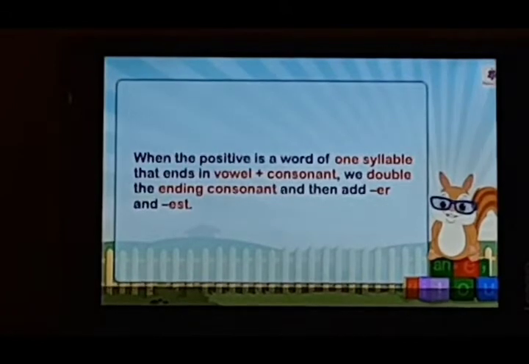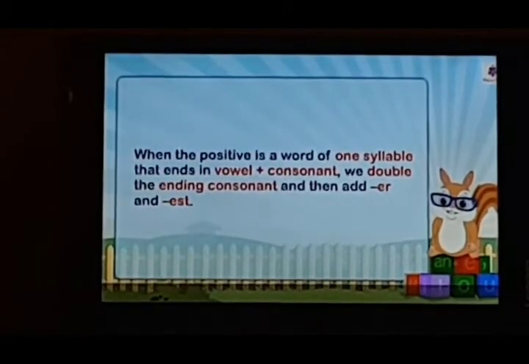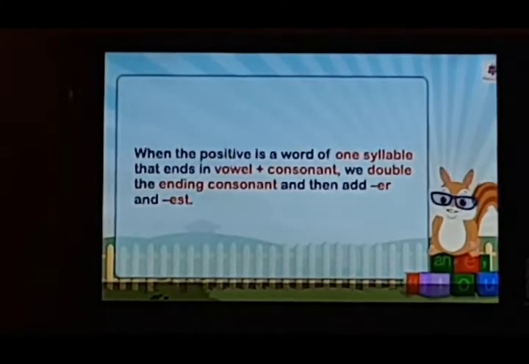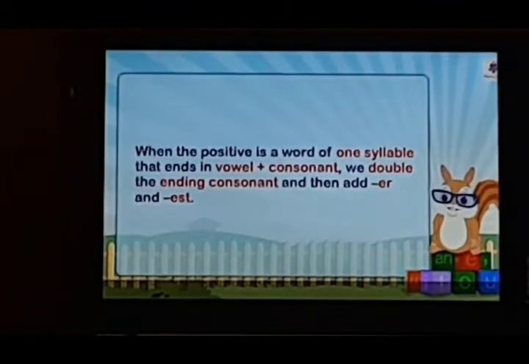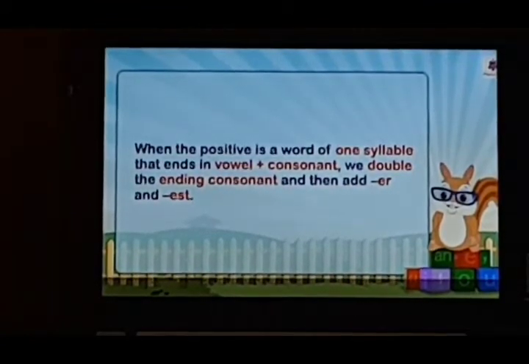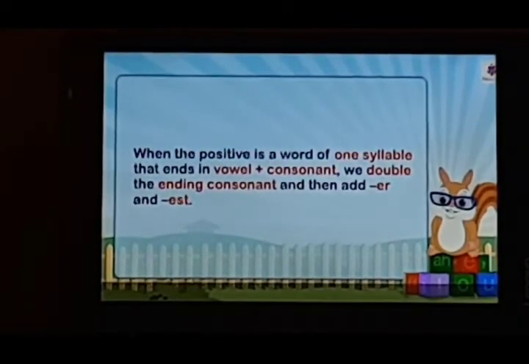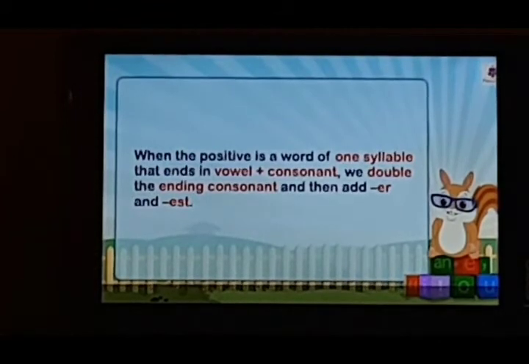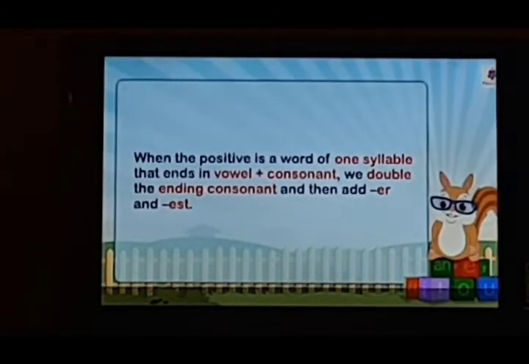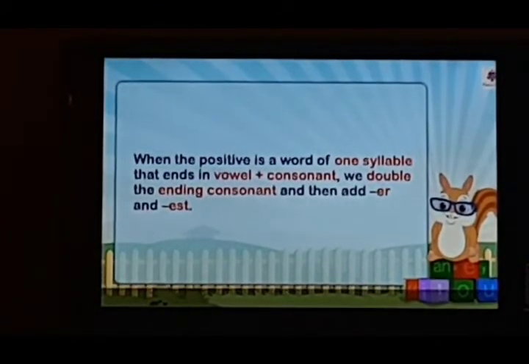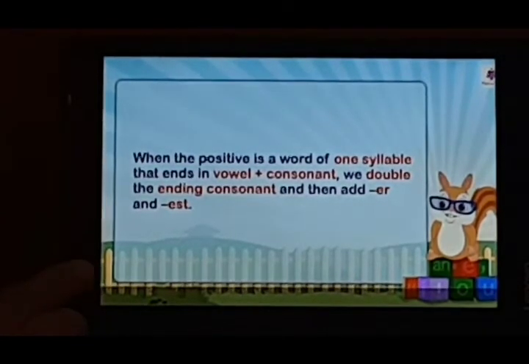So what do we have here? Like in the first picture we saw the house is big. See, the word big is made of just one syllable. We say it in one breath. After B we have I, which is a vowel, and G, which is a consonant. So the word big is ending with vowel plus consonant.